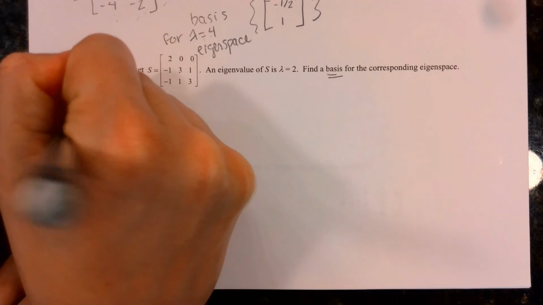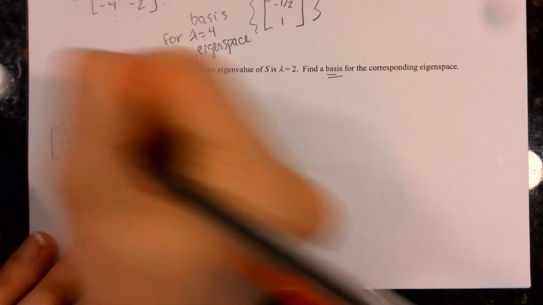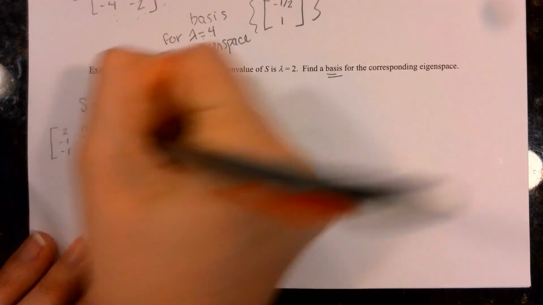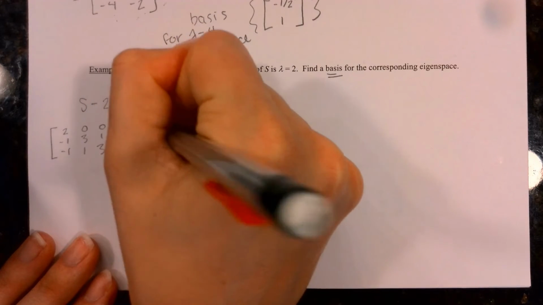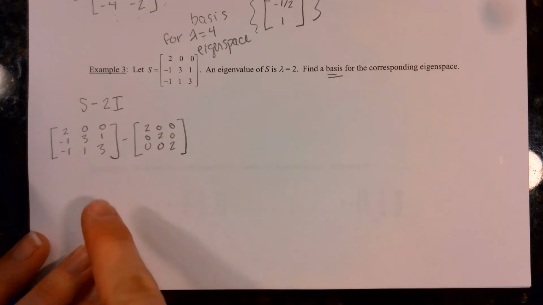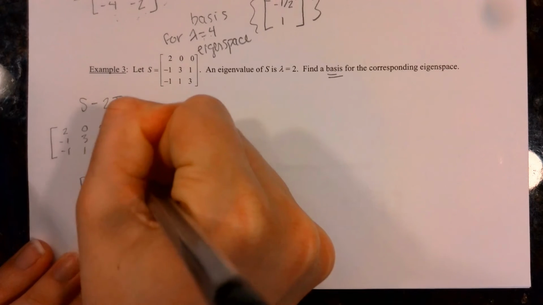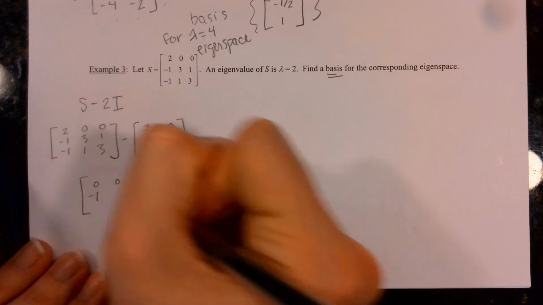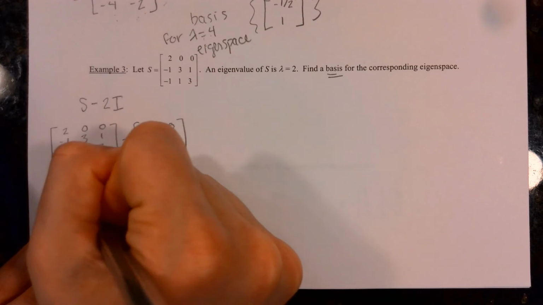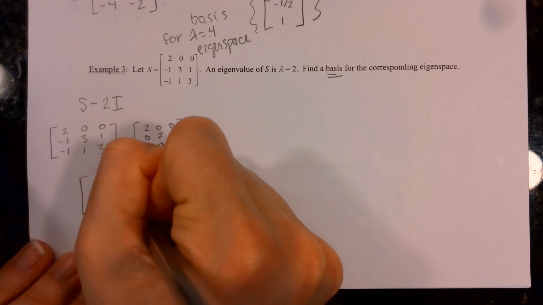So my S minus 2i, there we go, minus, this subtraction is what I'm looking for. So I'm getting 0 across the whole top row. Then I'm getting -1, 1, 1. And then I'm getting -1, 1, and 1.